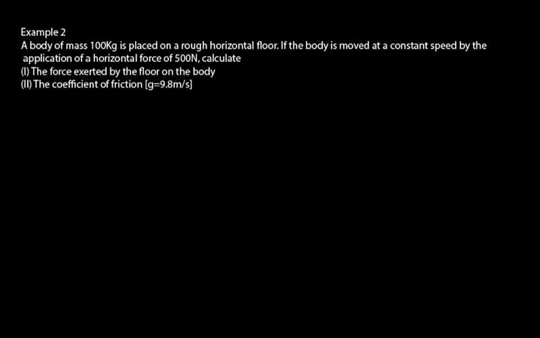Example number 2. A body of mass 100 kg is placed on a rough horizontal floor. If the body is moved at a constant speed by application of a horizontal force of 500 Newton, calculate (I) the force exerted by the floor on the body, then (II) the coefficient of friction. So let's solve this example.